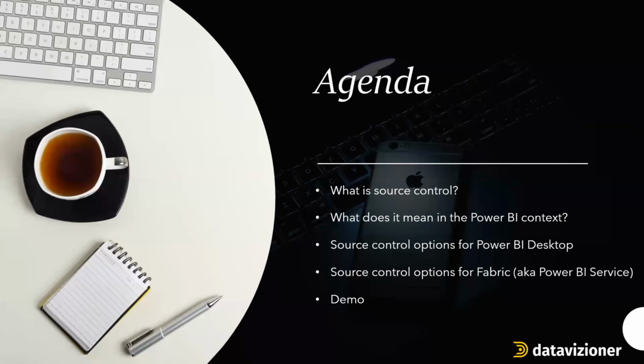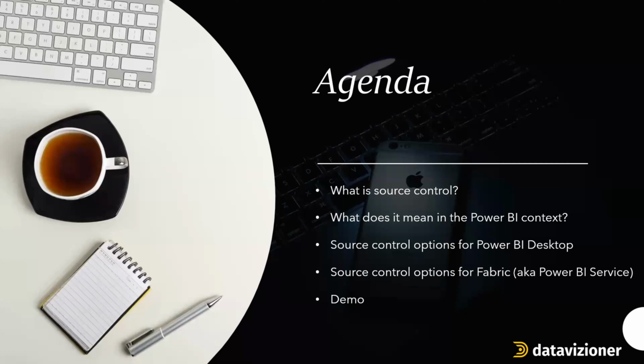We just scratch the surface in this session, and then we look at source control from the Power BI perspective, what source control means in the context of Power BI, and what features are available to us these days. We then explain source control options for Power BI Desktop, and I'll walk you through some scenarios. If you have any questions about it, just jump in and ask.